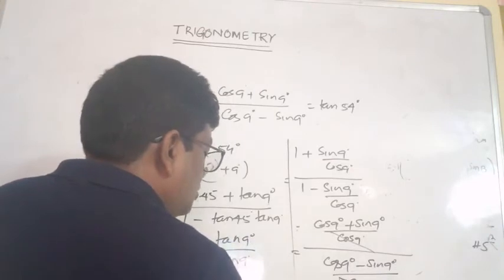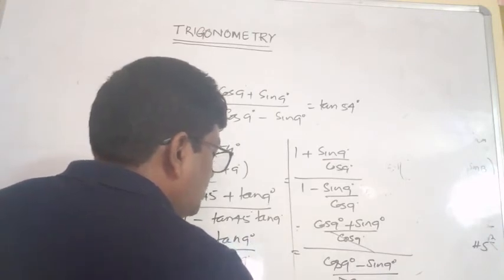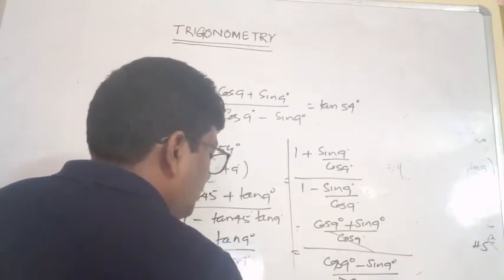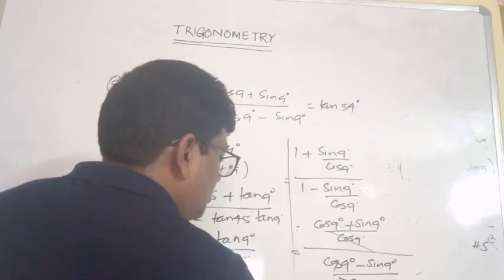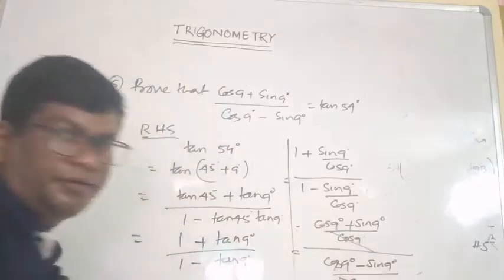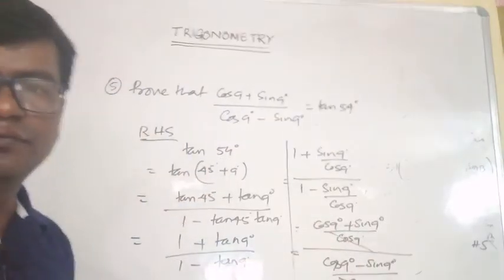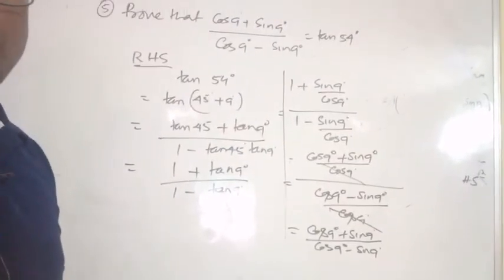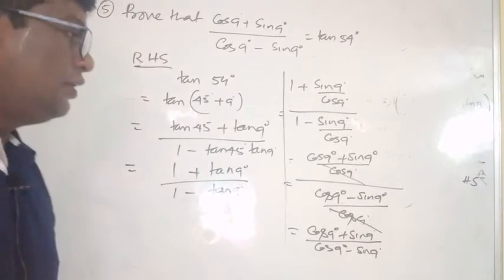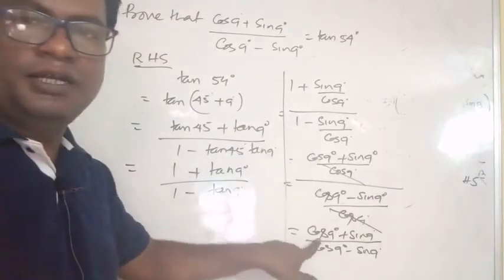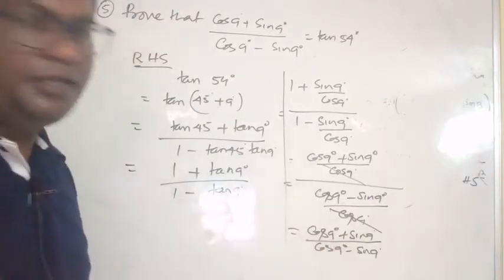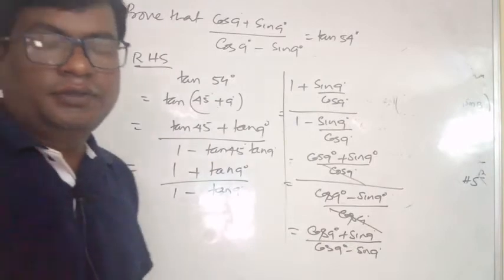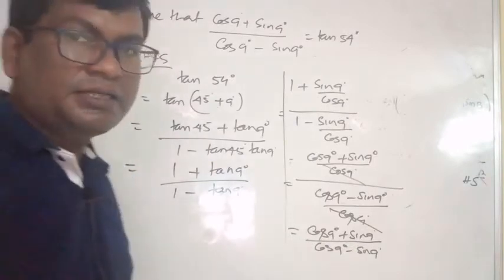This is cos 9 degree plus sin 9 degree divided by cos 9 degree minus sin 9 degree. Okay.